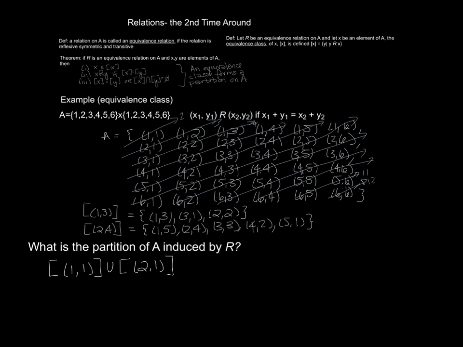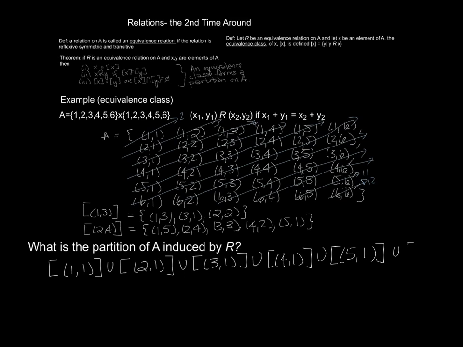So I could have written 1, 2 instead. The next one is the equivalence class that sums to 4, so I'll choose the representative element 3, 1. I'll include the equivalence class represented by 4, 1. And then the equivalence class represented by 5, 1, and the one represented by 6, 1.